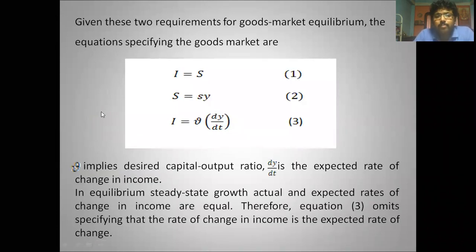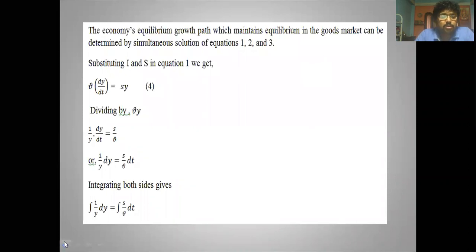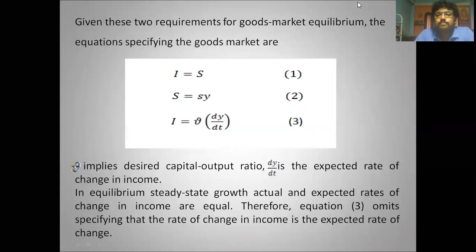Given these two requirements for the goods market equilibrium that I have just mentioned, the equations which specify the goods market equilibrium are equation 1, equation 2, and equation 3.